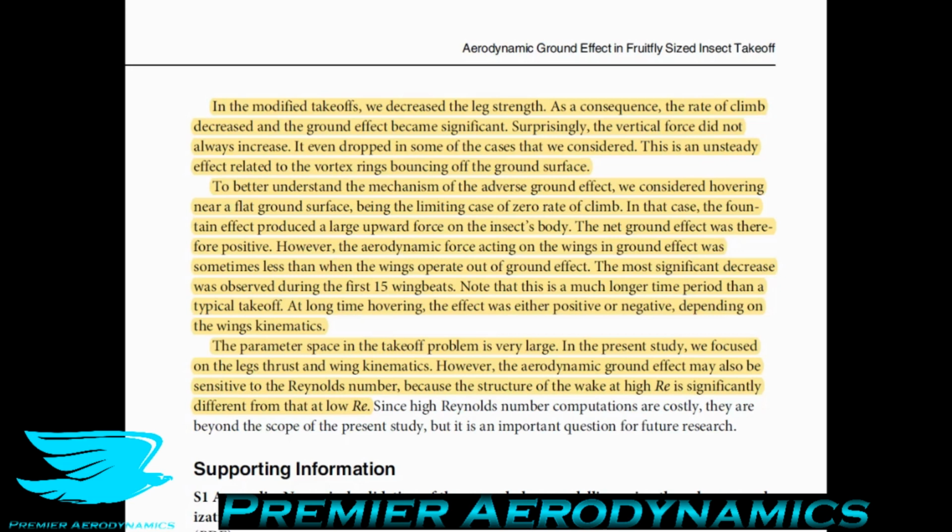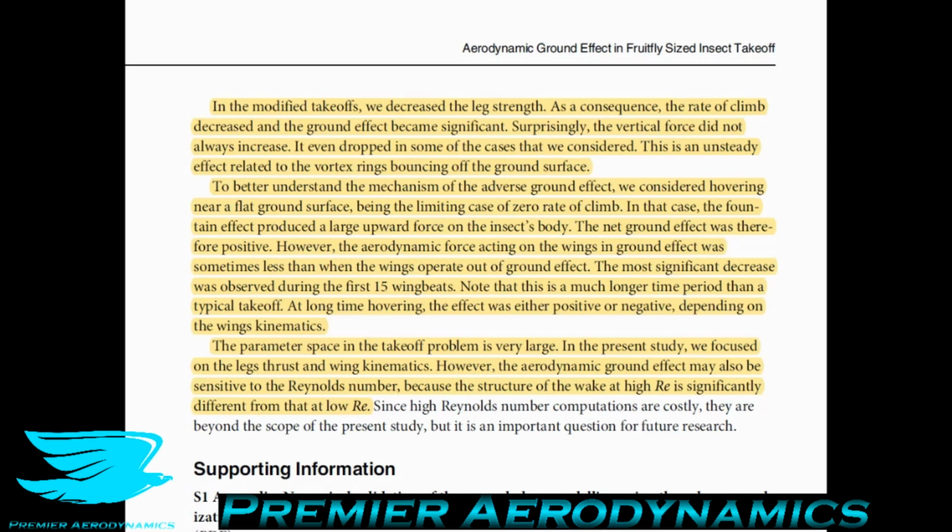And what they mean here is that in their research they looked at the regular beat of the insect's wings. However, they also looked at when they reduced the amplitude, and they found that was actually a more beneficial situation. Now, whether insects reduce their amplitude during takeoff or not, who knows? But they looked at that in this paper.